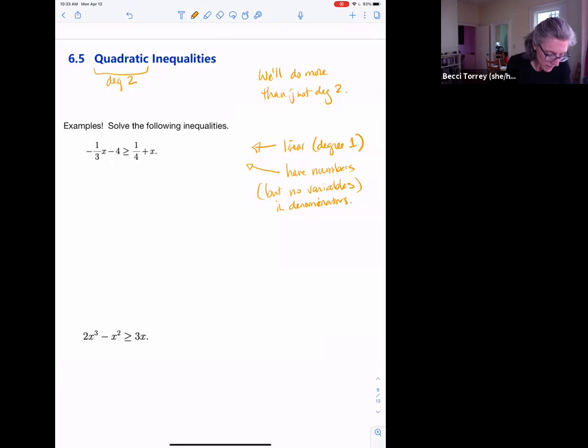So when I'm solving this, with a degree 1, the first thing I'm going to do is combine like terms. So here I have a minus 1/3 x, and here I have an x. And for the most part, with a degree 1 inequality, you can treat it the same as an equation, with one big exception.